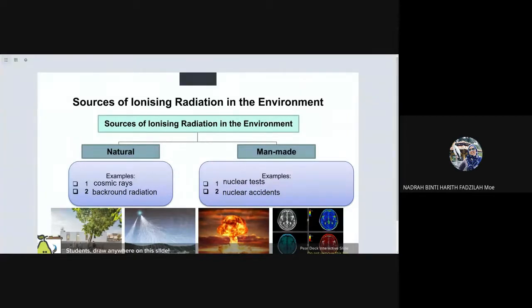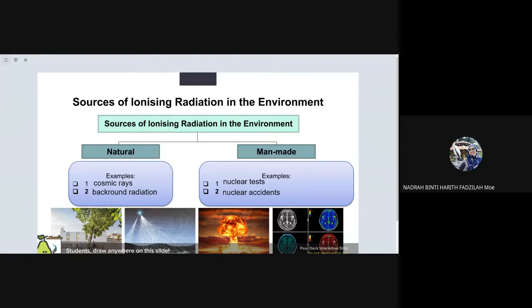And then ada juga yang kita memang sengaja gunakan seperti the use of radioisotopes, different radioisotopes for medical purposes, and also ionizing radiation ni juga wujud dalam bentuk background radiation.